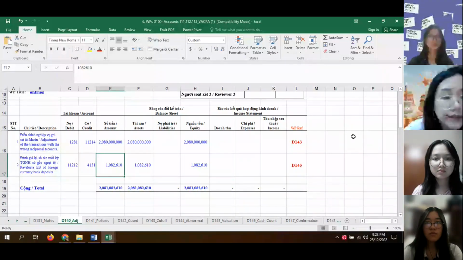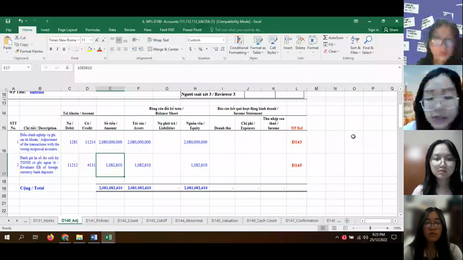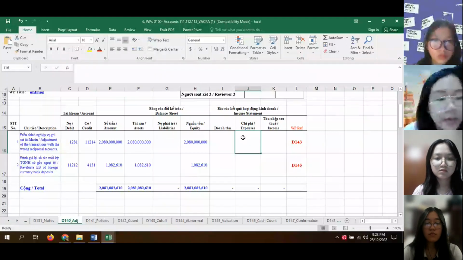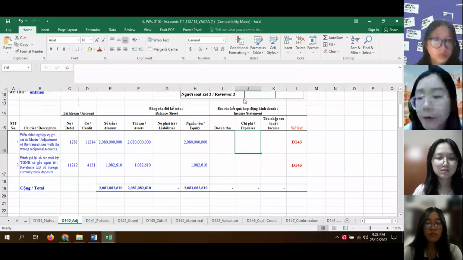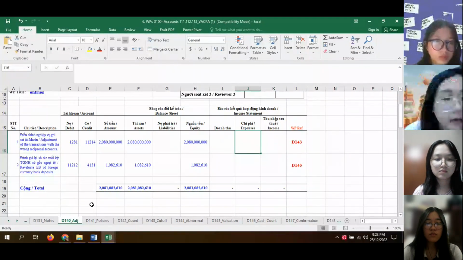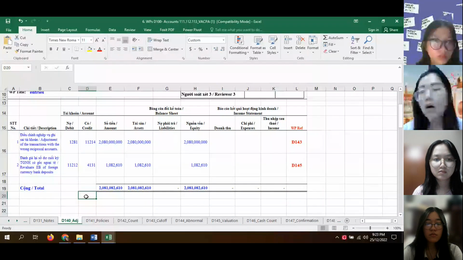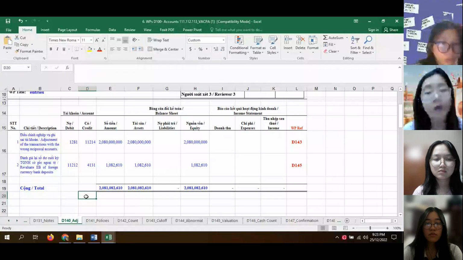So as you can see, there are two transactions that cause the difference. First comes from a record in the wrong account, and the second comes from the wrong rate. And luckily, both of these are just errors, and not fraud.